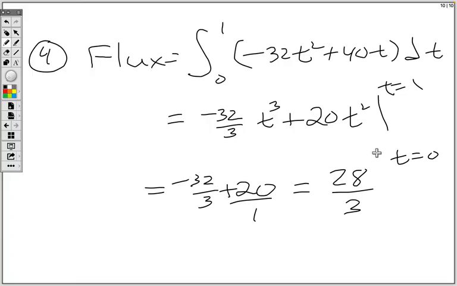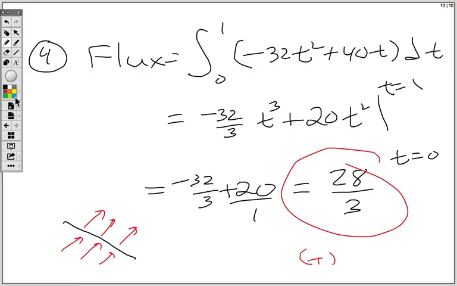Now once again, since we have a positive flux and we're looking at outward flux, we've got this field going, and we're looking at this direction as we go across. Since the outward flux is positive, when I put my field in here, the field should be pointing more outward than inward. You follow? We should be able to see flow going outward across in that direction since it's positive.